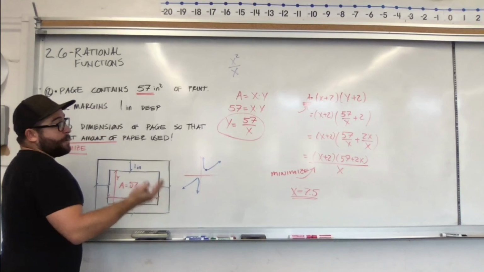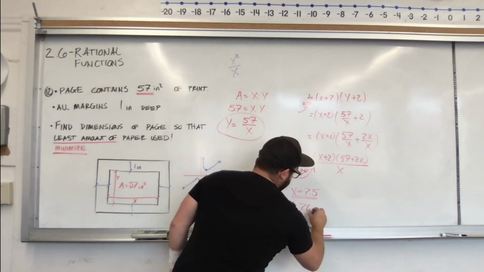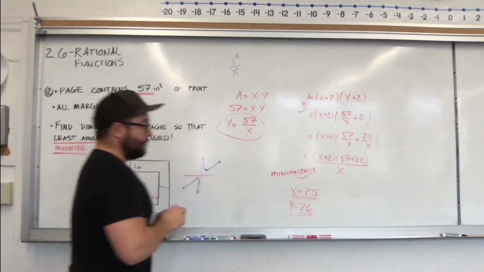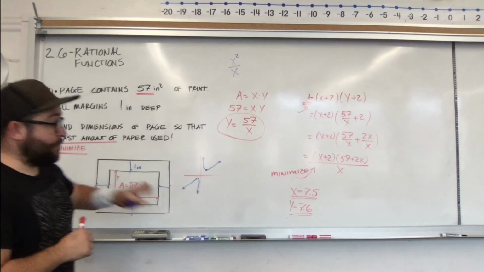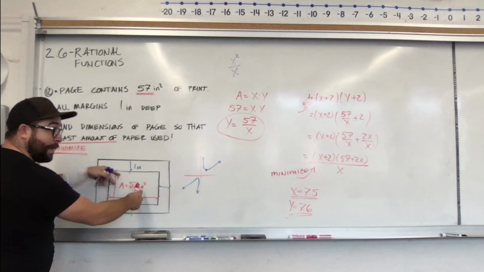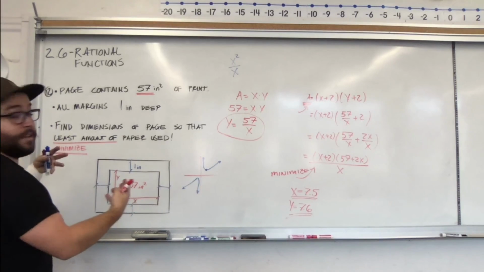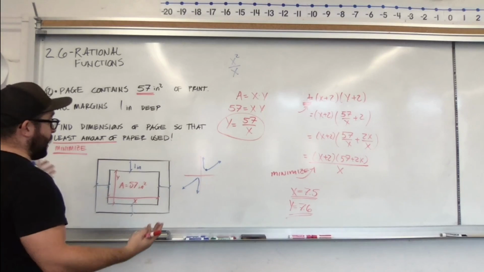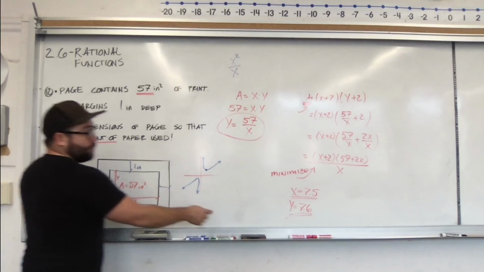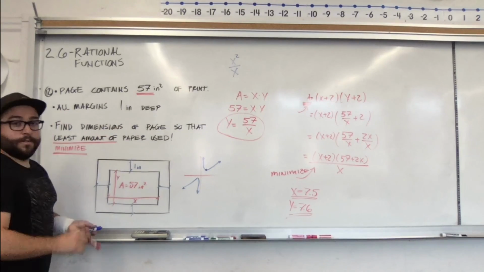If I do 57 divided by 7.5, I get roughly y equals 7.6. So now I have the two dimensions that minimize the dimensions of the page. If I wanted the minimal dimensions of everything, including the margins, I would just add 2 to the x, so 9.5, and 2 to the y, so 9.6.